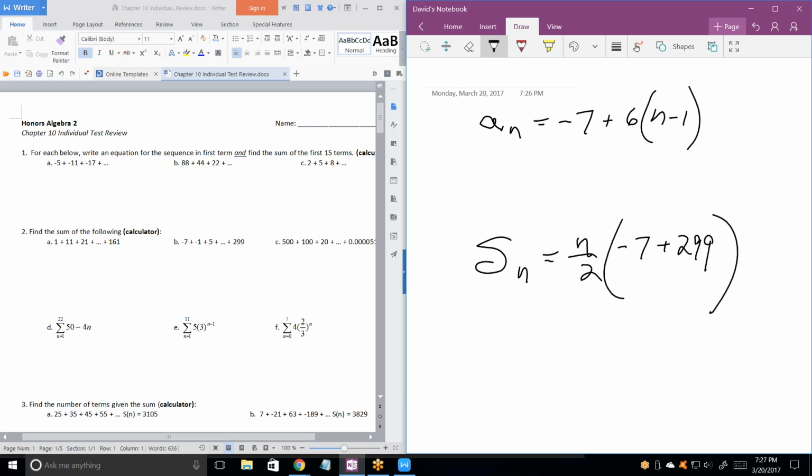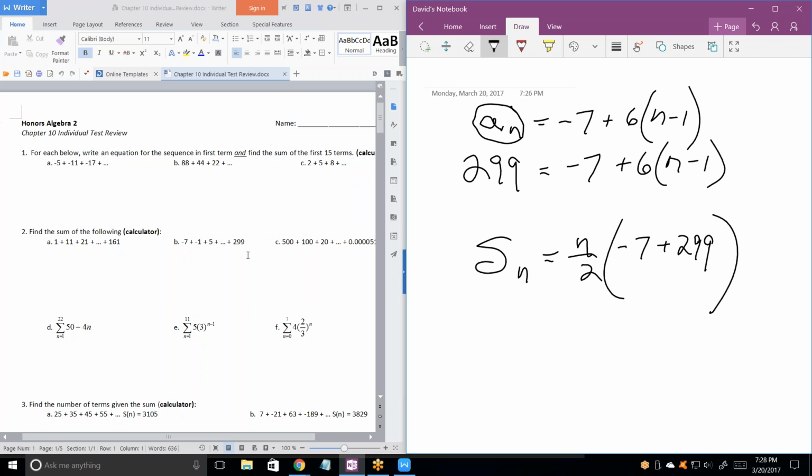But notice that I need n to answer what S sub n is. So I need to figure out which term this 299 is. How do I do that? You plug in 299 into the first equation. That's what the nth term is going to be, and I'm about to figure out what n is. In other words, now it's just algebra. Go ahead and help me solve that equation.